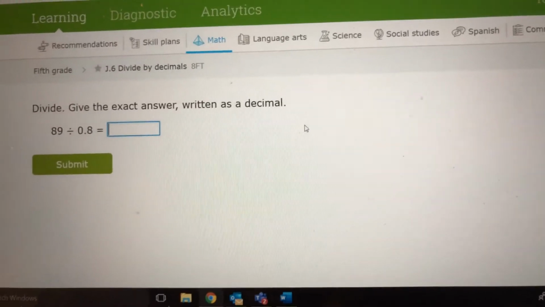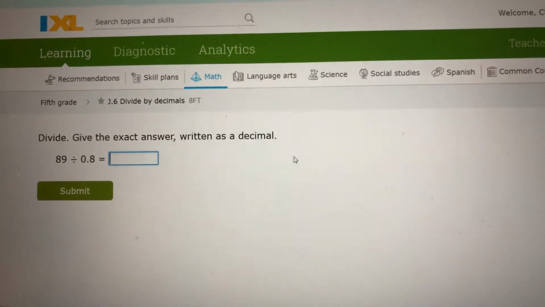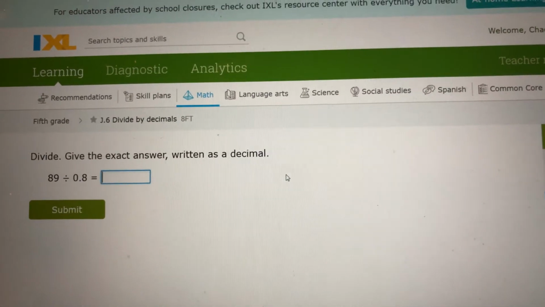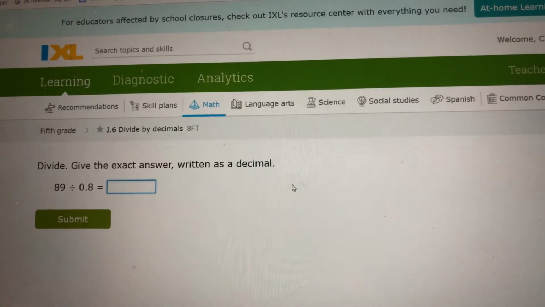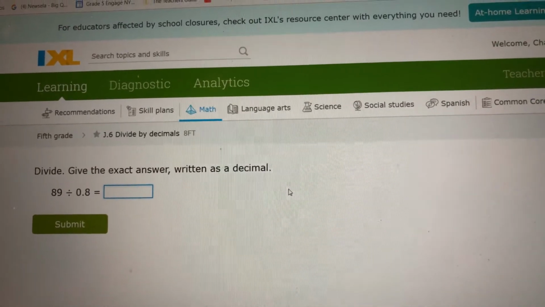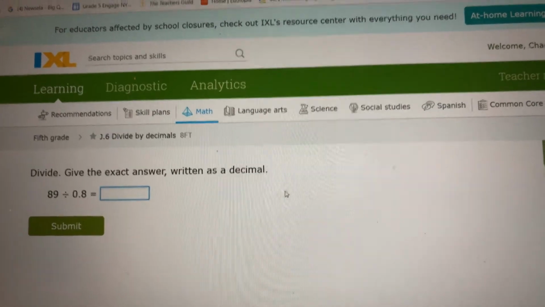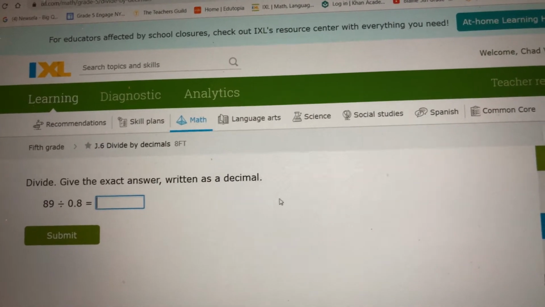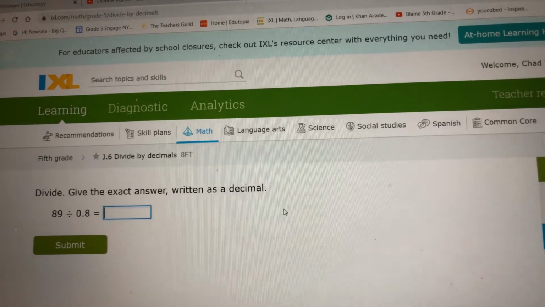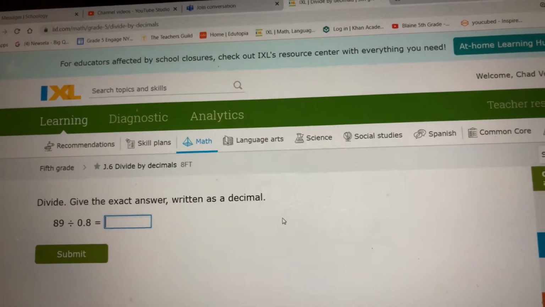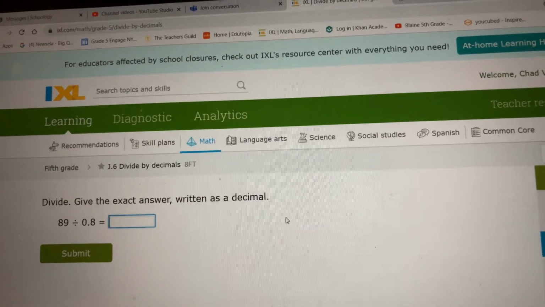So we have arrived. There's a cool couple of methods that you can use to solve these, and when we get into Khan Academy, you'll be able to see some of those in more detail, but I'll show you a few right now. So we're going to start out with 89 divided by 8/10. Notice how that's a fraction.